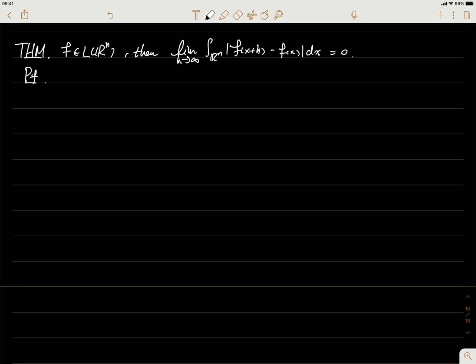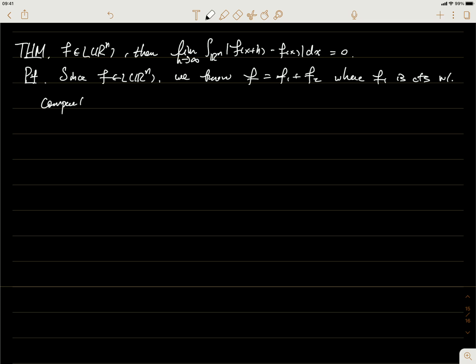So the proof. First of all, since f is integrable, we can decompose f equals f1 plus f2, where f1 is continuous with compact support, and the difference between f and f1, which is f2, has an integral less than any given epsilon.